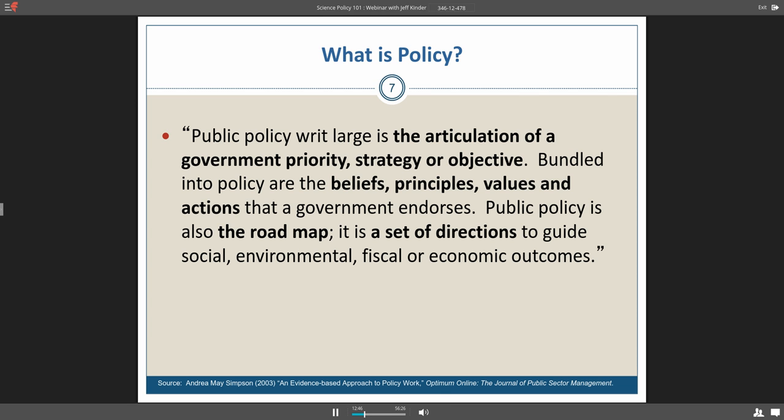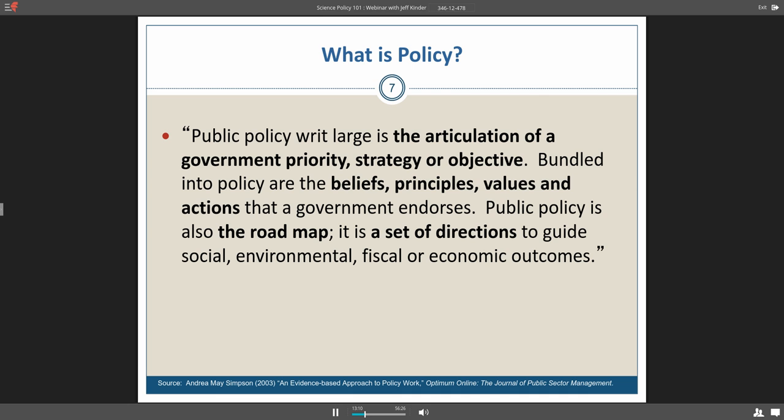And then what is policy? So there are probably 1,000 definitions of policy. I found this one several years ago, and I like it because it captures a lot of important aspects of what is policy. Now, first of all, of course, we're talking about public policy in this context. There are other forms of policy, like if you have a car, you may have an insurance policy. But here, of course, we're talking about public policy writ large.